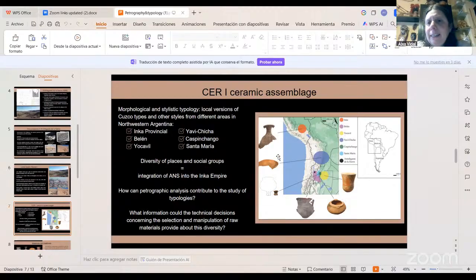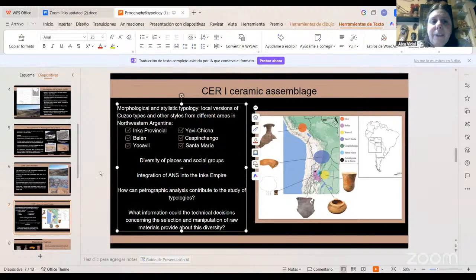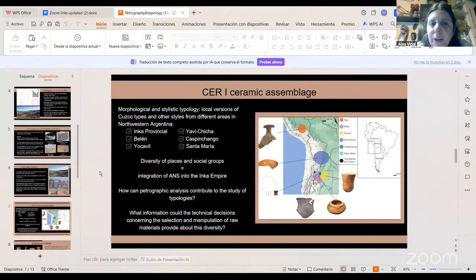All these styles are from different traditions and have very specific shapes, and all typologies consider them according to their shapes and styles and decoration as well. So it shows the diversity of places and social groups that indicate the integration of Antofagasta de la Sierra into the Inca Empire.